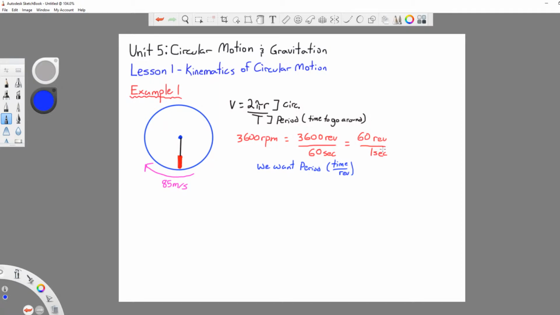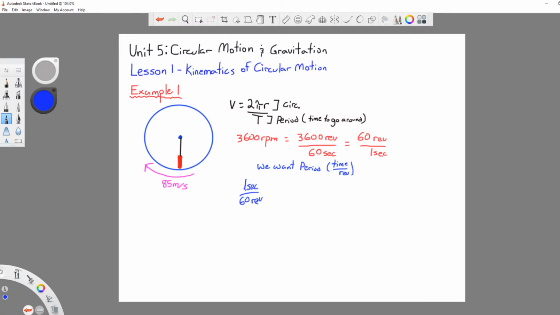It's very easy. We just flip our scenario. So if we can do 60 revolutions in 1 second, essentially the same thing we're saying is that in 1 second, we can do 60 revolutions. It's just something we can do, right?